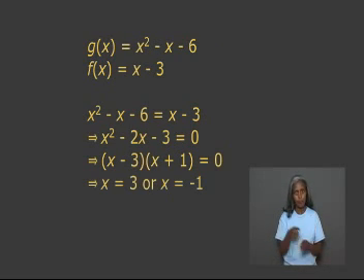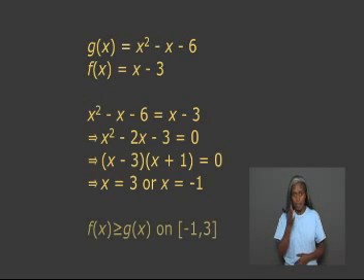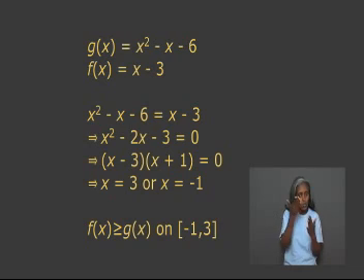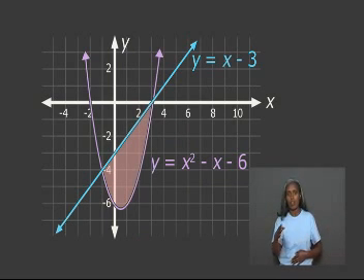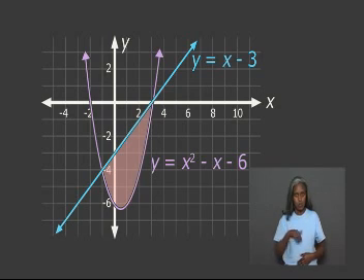Therefore, x equals 3 or -1. F of x is greater than or equal to g of x on the closed interval -1, 3. The next step is graphing our functions. Since we know that one function is a parabola and the other is a straight line, the graph looks like this.